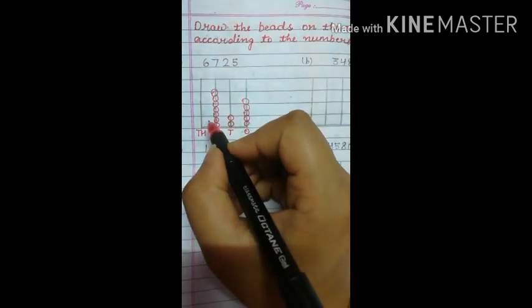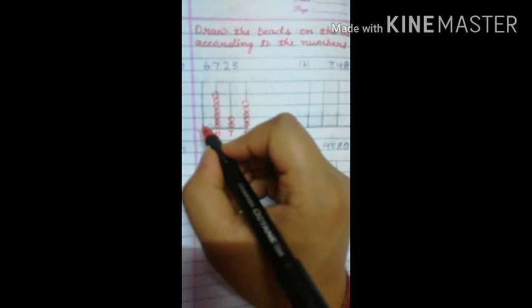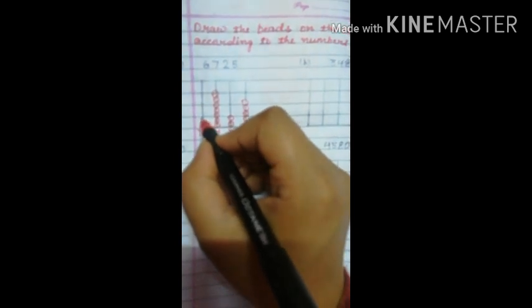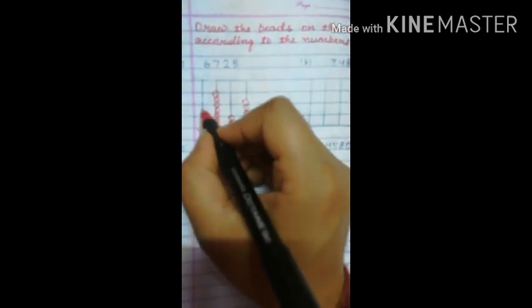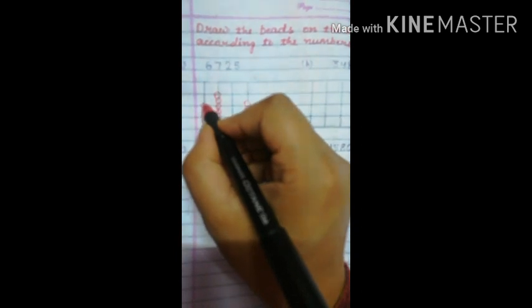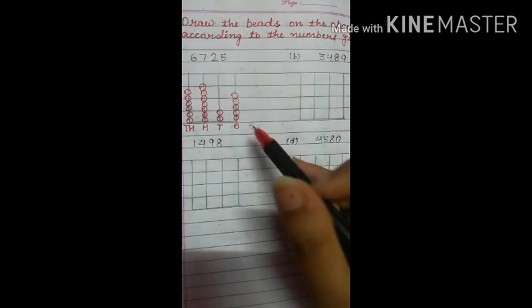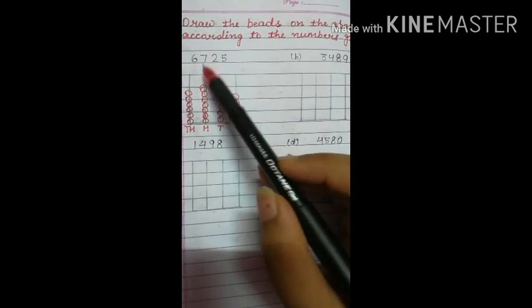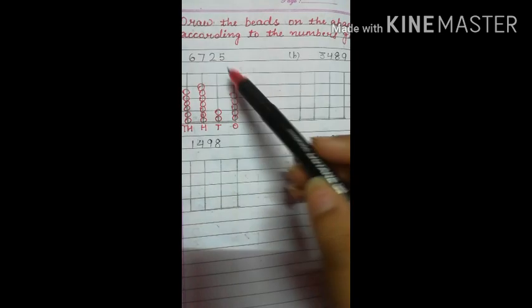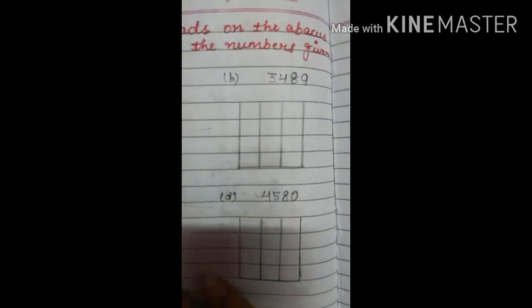That means we will draw 6 beads: 1, 2, 3, 4, 5, and 6. So here we have represented all the numbers at various places with the help of these beads.